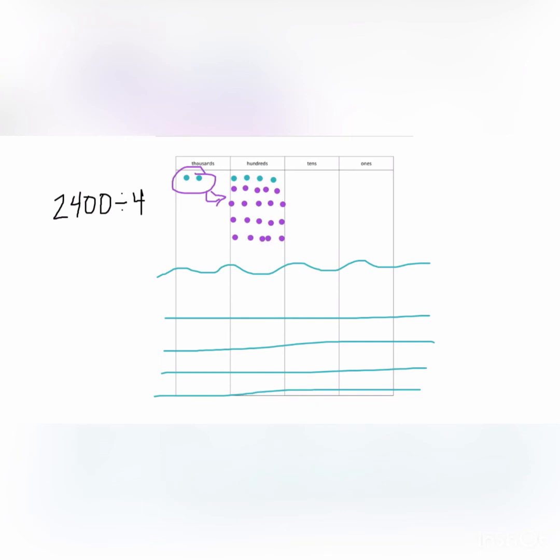Okay, next we're going to split our 24 discs in our hundreds place between the 4 lines.